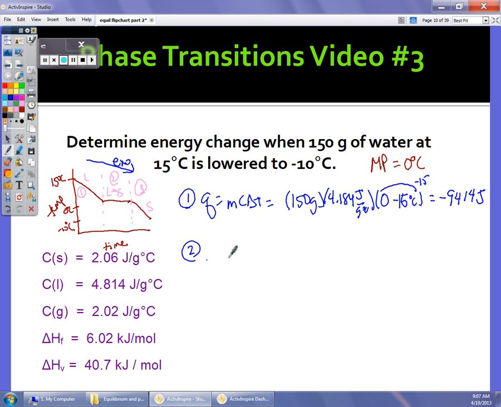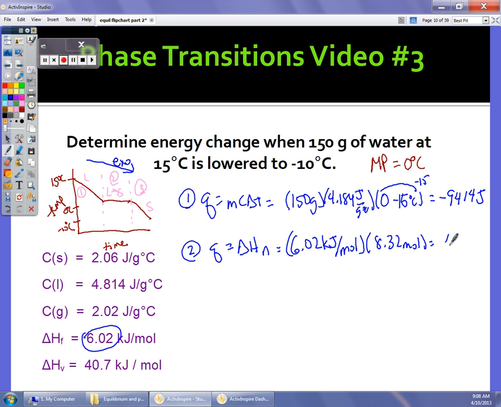Okay, step 2. Since I'm in a phase change region, I want my delta H times the number of moles. Delta H, I want to make sure I select the correct one. Liquid to solid is fusion, so I'm going to use a 6.02. And then multiply that by the number of moles that we had on the previous screen.